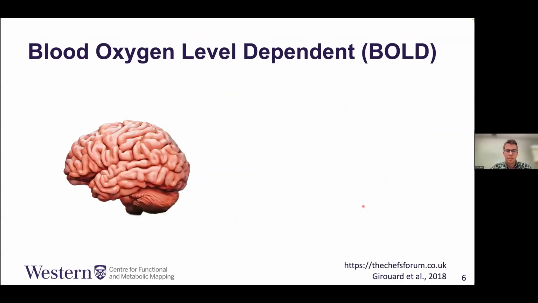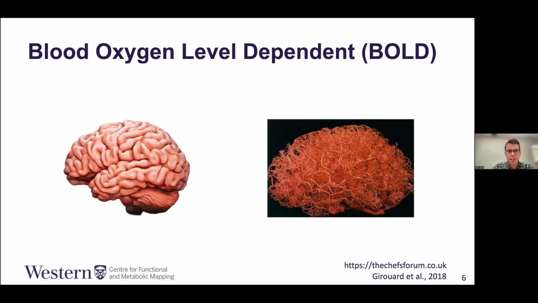And if only it were so simple, such that an increase in brain cell activity results in a proportional increase in blood flow and then a proportional increase in BOLD signal. But unfortunately, it's not that simple. We have to remember that when we're dealing with the BOLD signal, we're not looking at the brain as we typically think of it, but rather we're looking at the vasculature that courses throughout the brain.